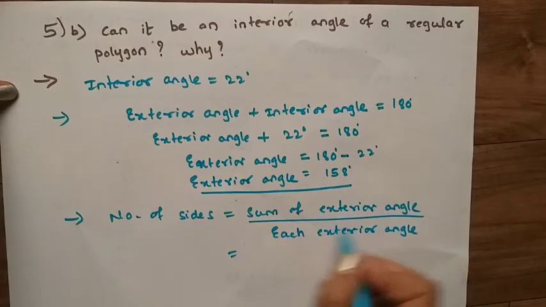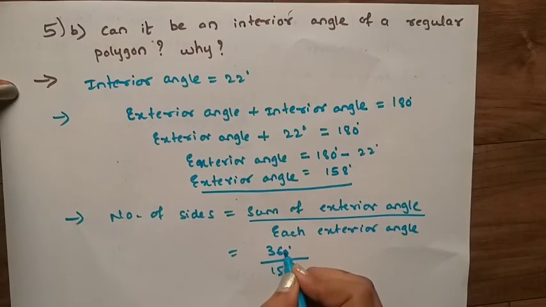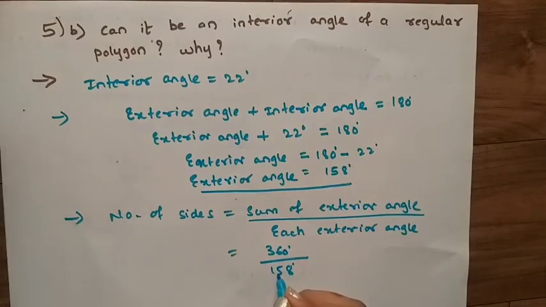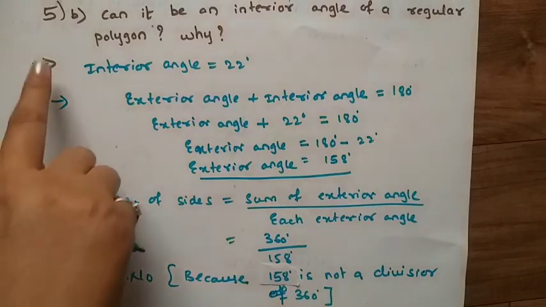Here the sum of exterior angles is 360 degree, divided by each exterior angle value, which is 158 degree, which is again not a divisor. Here 158 degree is not a divisor of 360 degree. When we divide, the answer will be in the form of a decimal number. So therefore the answer is no, because 158 degree is not a divisor of 360 degree. This is the solution of the 5th b question.